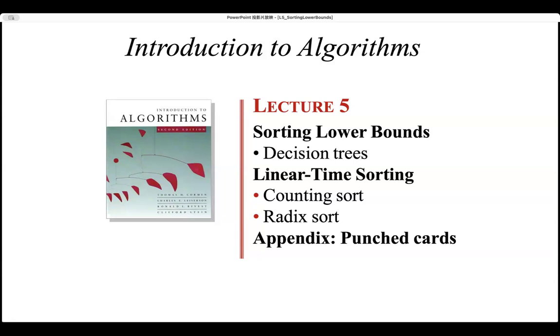In practice, as I said last time, if you want to sort a large array and you don't have any prior knowledge about it, then quicksort is the best choice, even though the worst case time complexity of quicksort is n squared.